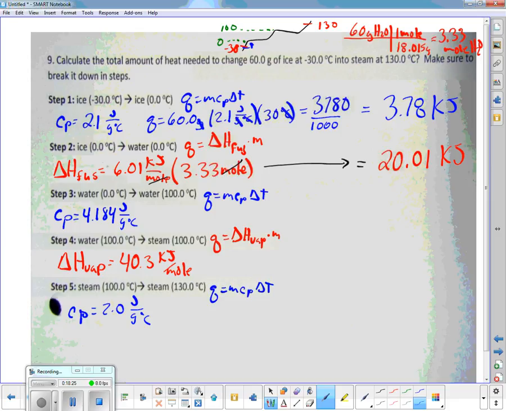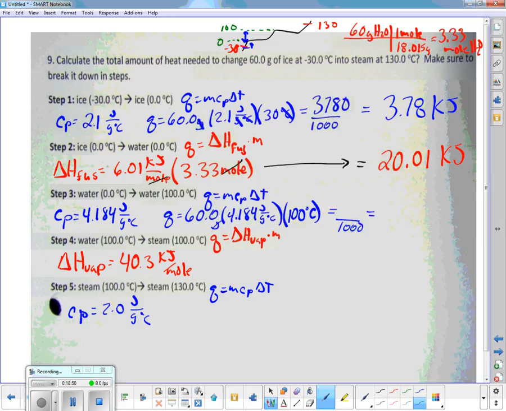The Q here is equal to 60 grams times the specific heat, 4.184 joules per gram degree Celsius, times the change in temperature. Now, this change in temperature is from 0 to 100. So I'm going to have 100 degrees that I go here. And remember to divide it by 1,000, and we get our answer.